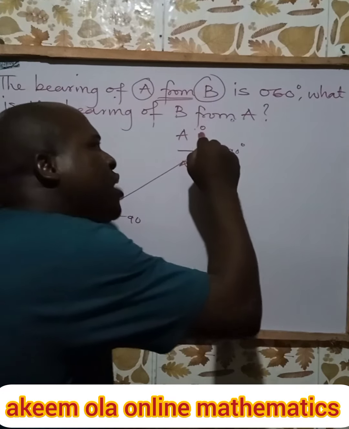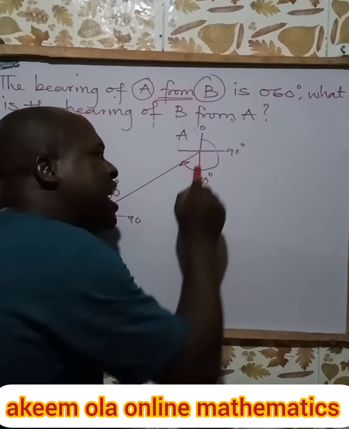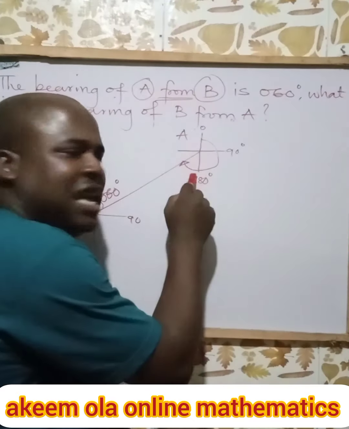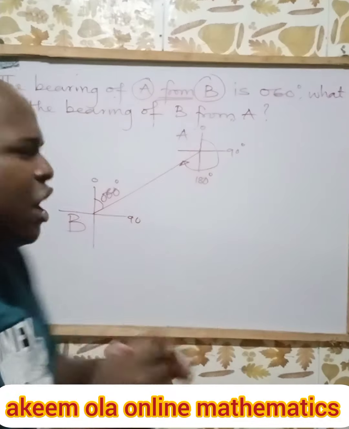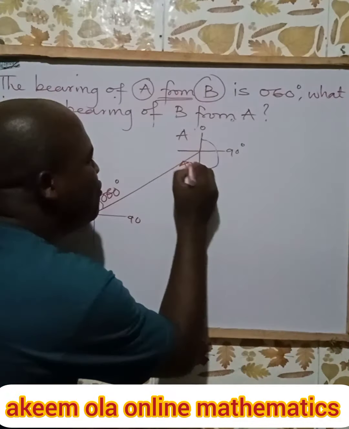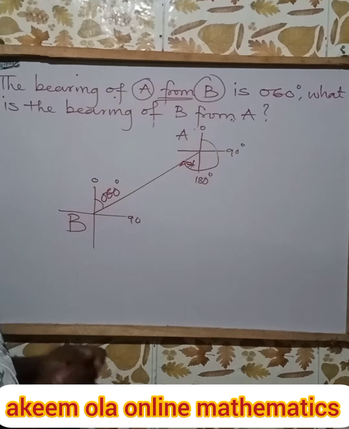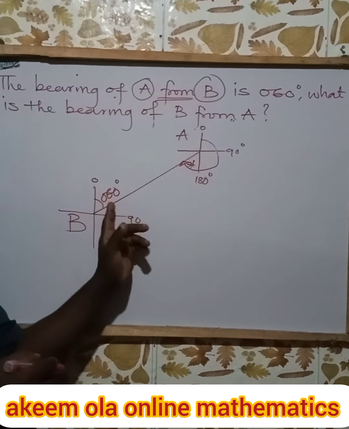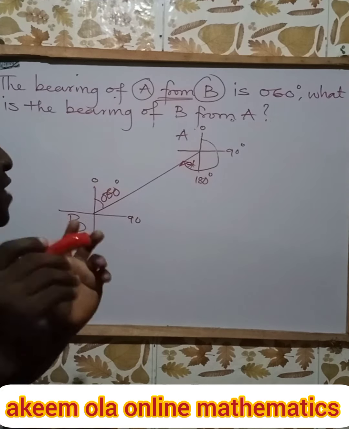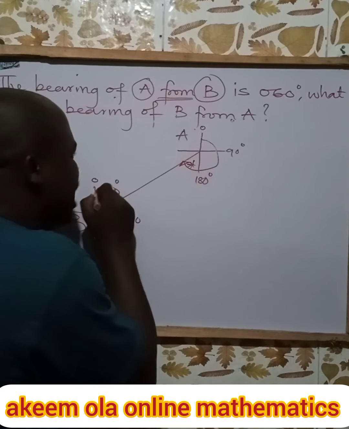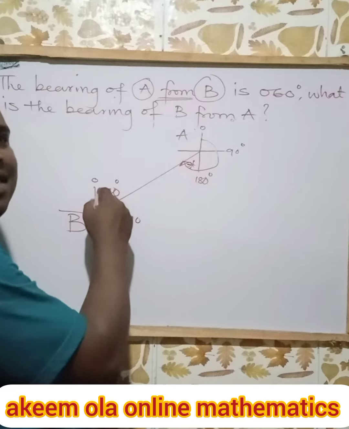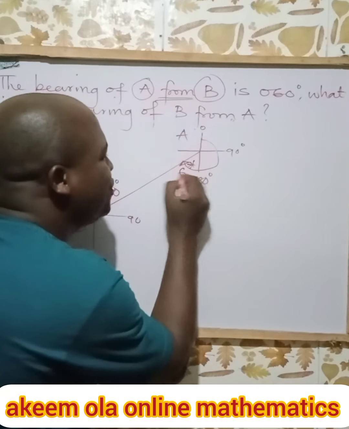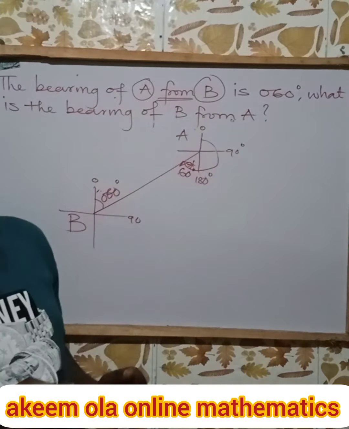And remember, we can get from here to here. This point is 180 degrees. So all we need now is to get this angle here. And if you notice very well, since this angle here is 60 degrees, definitely this angle here will be an alternate angle to this. So if this one is 60 degrees, then this angle here too will also be 60 degrees.